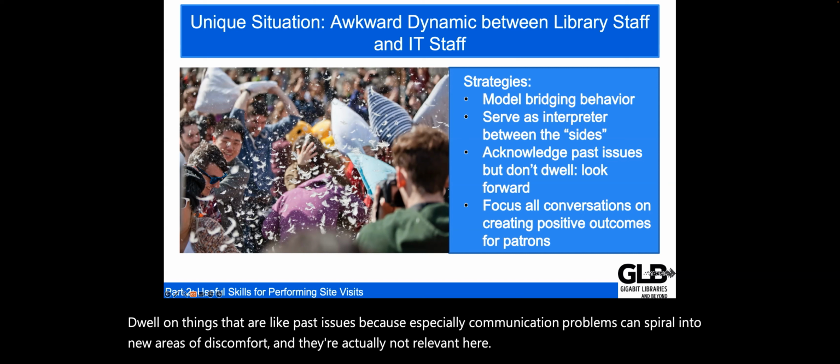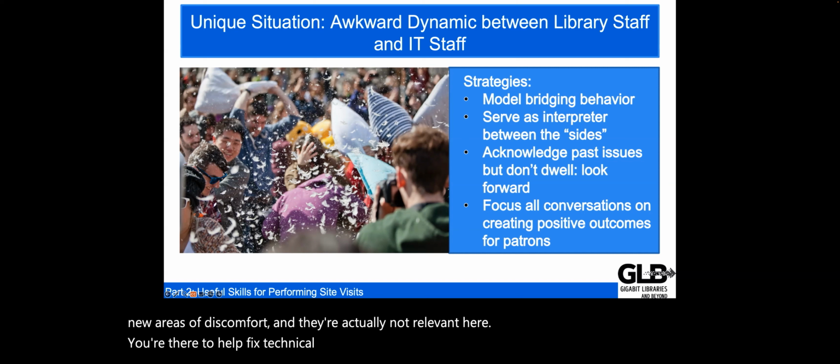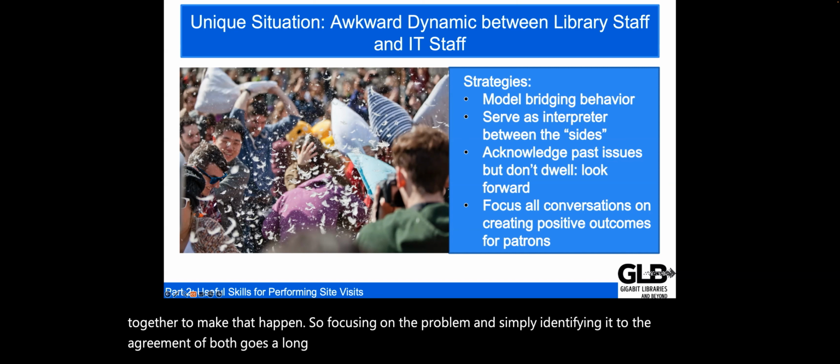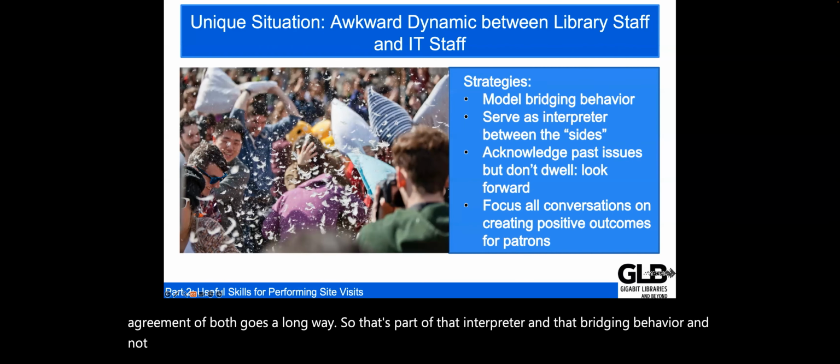You're there to help fix technical problems, and you've got two players here that need to work together to make that happen. So focusing on the problem and simply identifying it to the agreement of both goes a long way. That's part of that interpreter and bridging behavior, and not looking at things that can get in the way socially in those conversations.